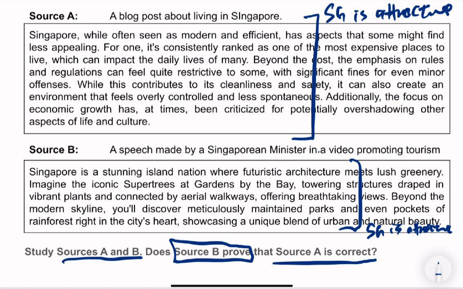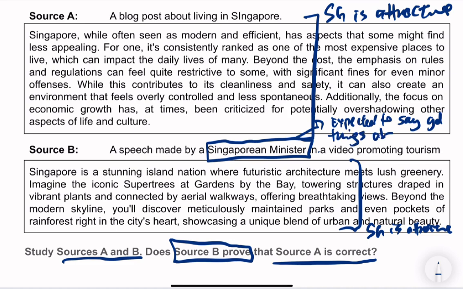Now, as we have also seen before, another way to check is if this is a speech made by a minister. He's expected to say certain things, such as good things about the government.